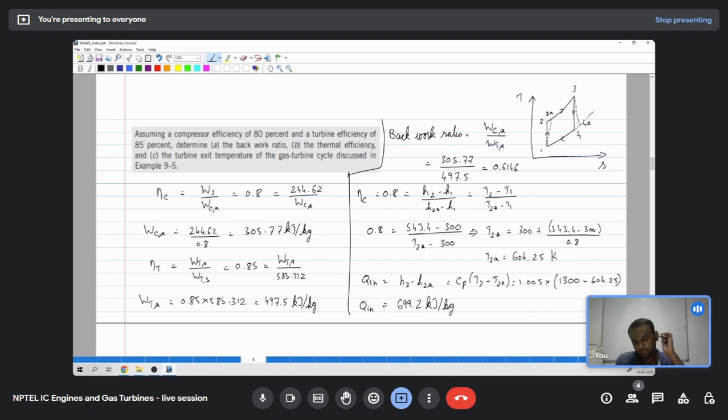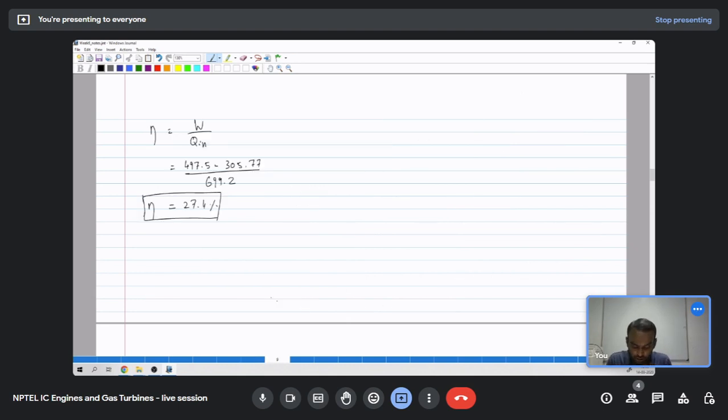And next is to find the turbine exit temperature. This can also be found, since the turbine efficiency is given. That is actual turbine output divided by ideal turbine output.